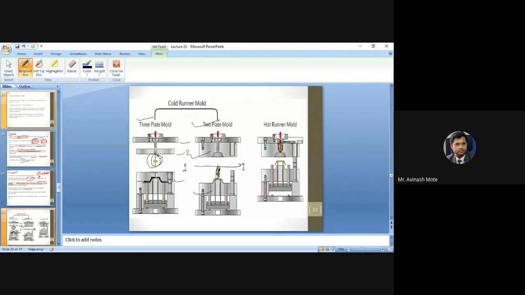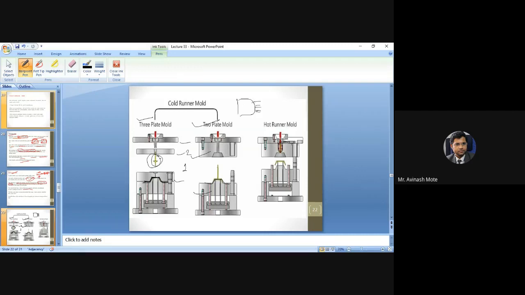At the end you can remove it while going for the finishing operation, but obviously there are going to be some marks on the surface. If you still want to go for the two plate mold, one thing you can do is that the surface on which these gating system marks are there should not be a facing surface, in the sense a main surface, because any product has one facing surface.